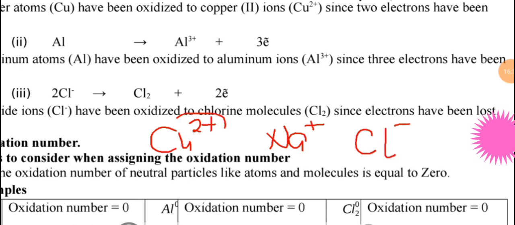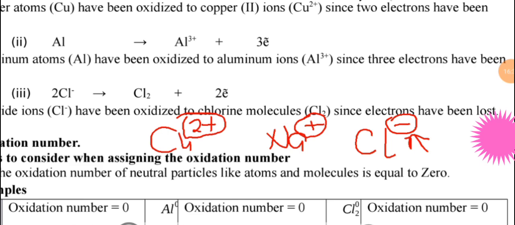So these charges, two positive, positive, negative, are known as oxidation numbers. So we are saying the charge that an element is associated with in a compound.